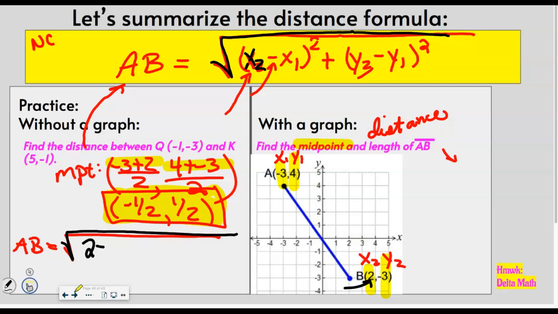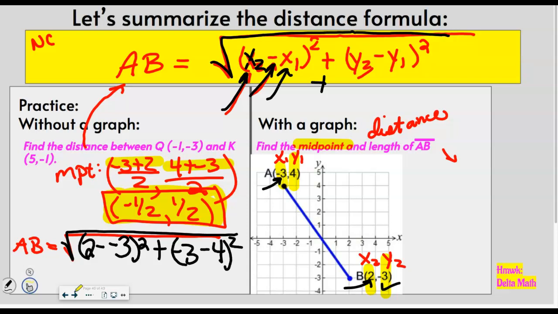I subtract the first x, which is -3, squared. Plus, I'm just following this recipe, second y, -3, minus first y, and square it. 2 minus a -3 is the same as 2 plus 3, which is 5. -3 minus 4 is a -7.